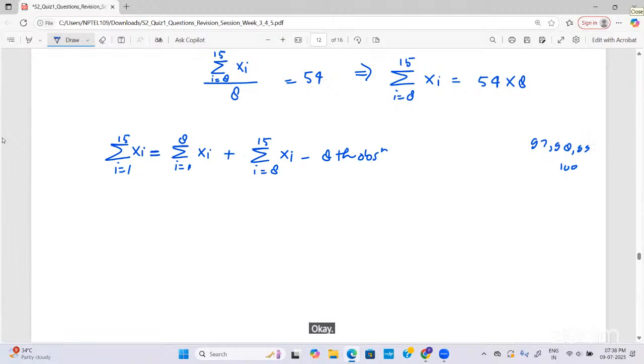Similarly, if n equals 1000, you can also find it. The required data would be given there.